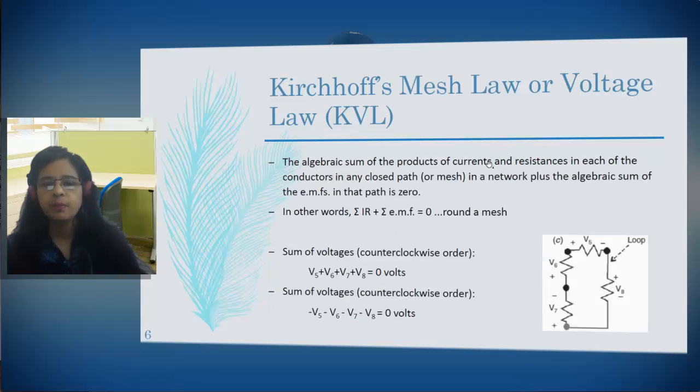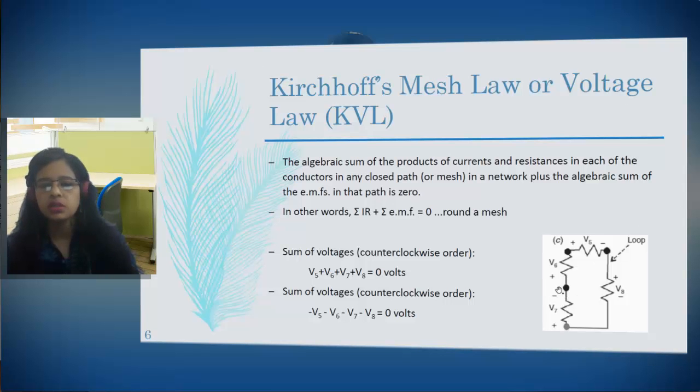Next is Kirchhoff's mesh law or voltage law. It says that the algebraic sum of the products of currents and resistances in each of the conductors in any closed path or mesh in a network, plus the algebraic sum of the EMFs in that path, is 0.